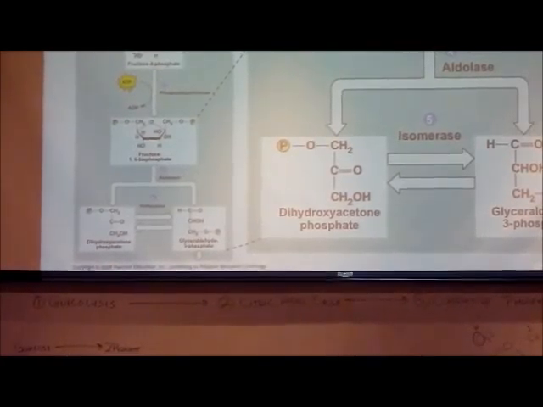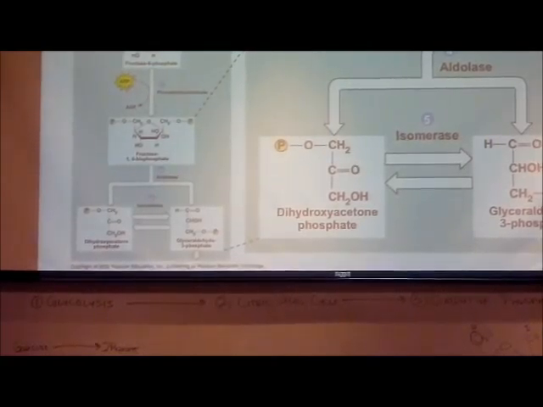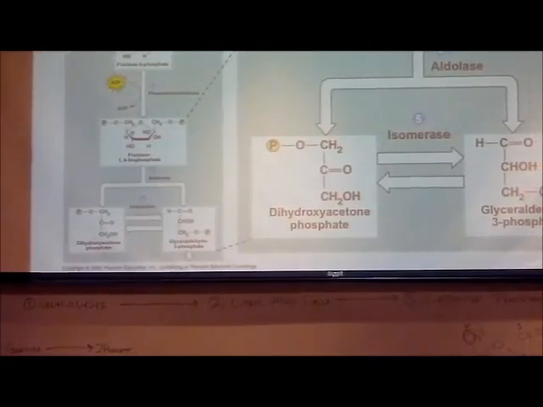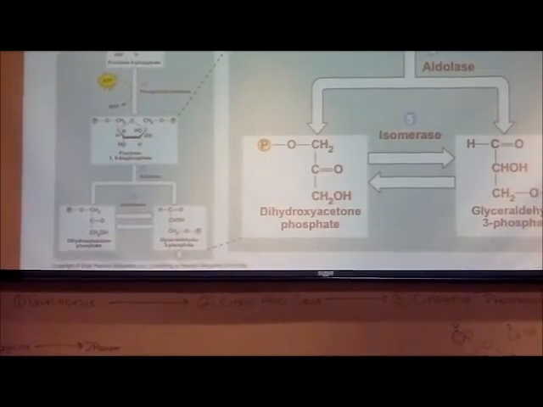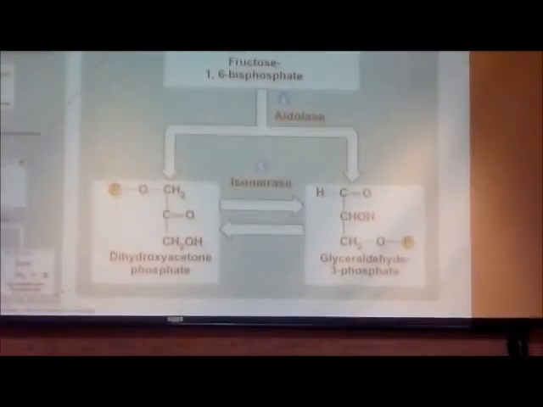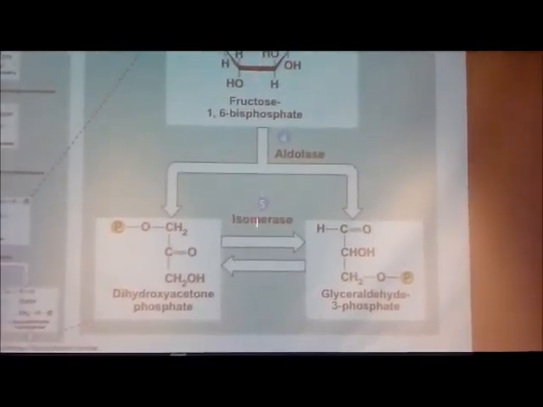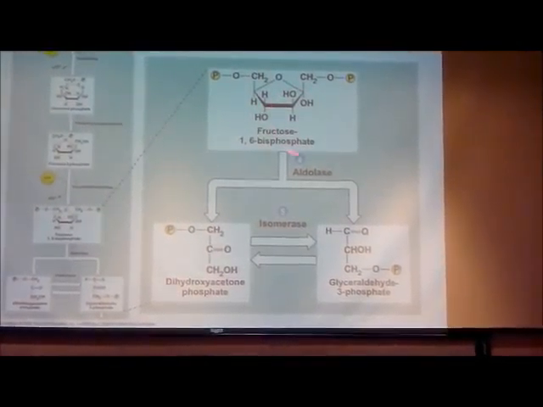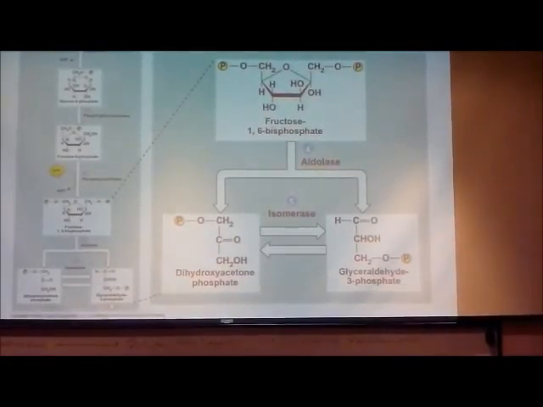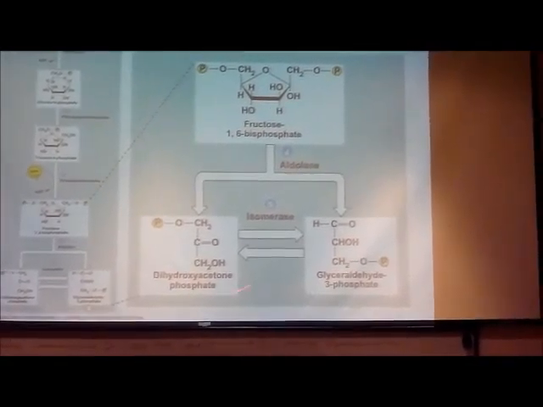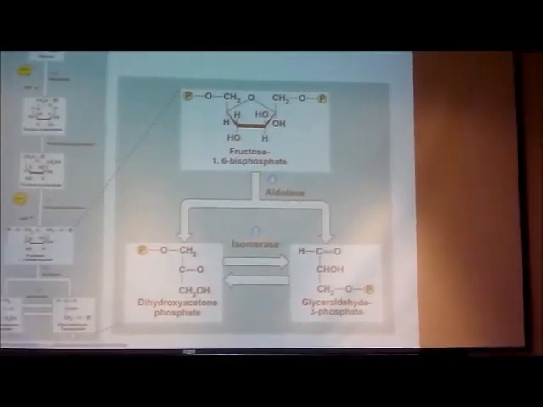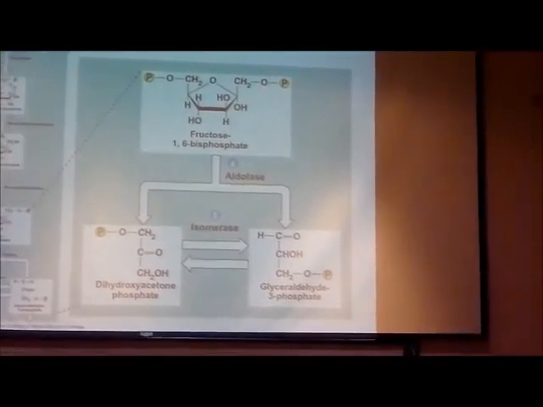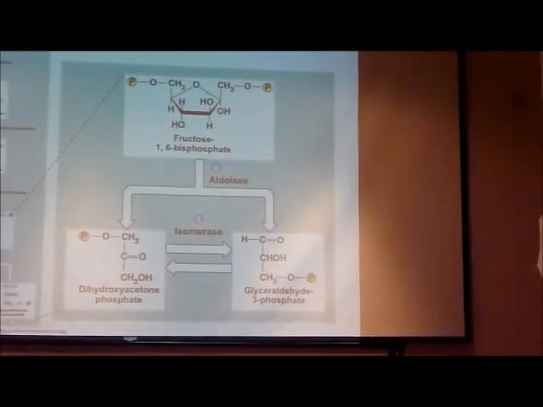Okay. So after the aldolase, it produces the dihydroxyacetone phosphate or the glyceraldehyde 3-phosphate. Basically, in cleaving this, it can create both, because if you look at the structure of fructose, it's a little different. When we cleave it, one of the 2 products is going to be glyceraldehyde 3-phosphate, and one is going to be dihydroxyacetone phosphate.